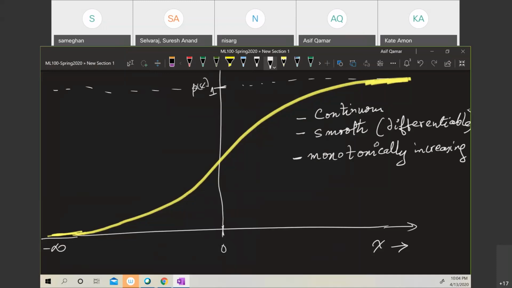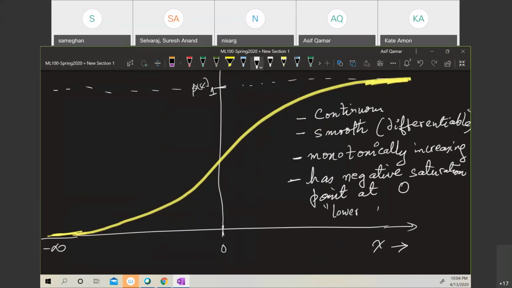And lastly, it has a negative saturation point at 0. This is also called the lower asymptote.